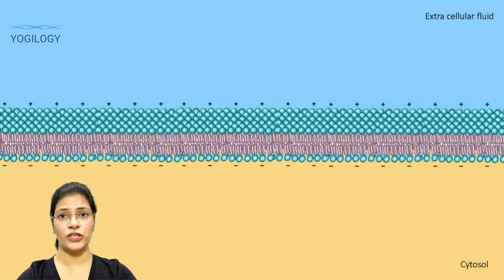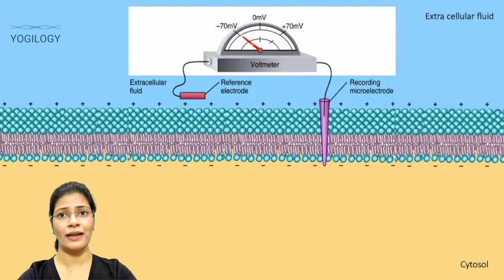Such a separation of electrical charges is a form of potential energy which can be measured using a voltmeter, like this. In neurons, the resting membrane potential ranges from -40 to around -70, the typical value being -70 millivolts. Note that there's a minus sign.